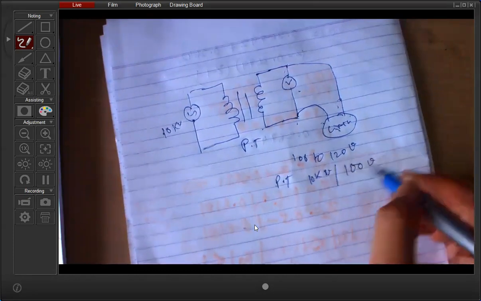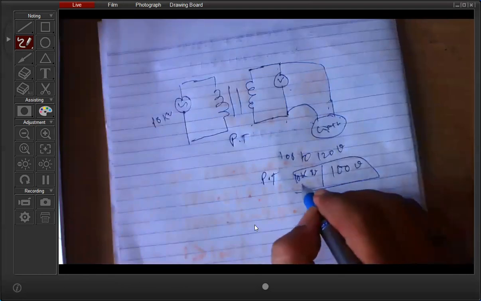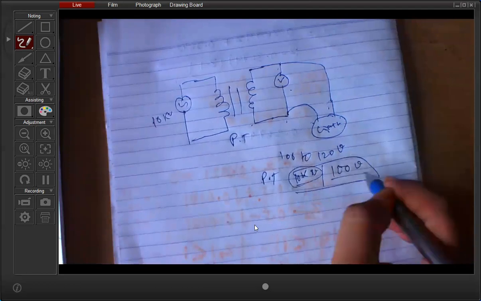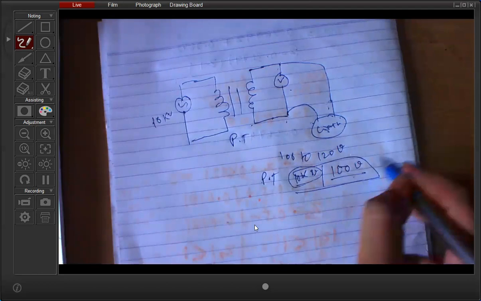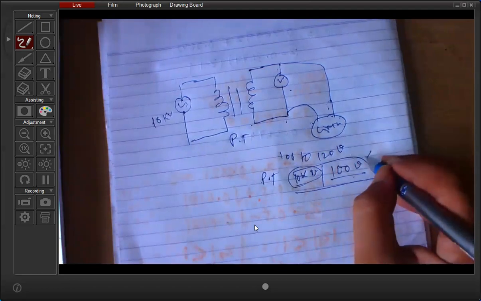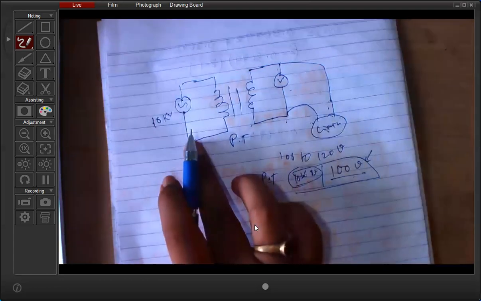Then using this potential transformer, you can step down 10 kilovolt to 100 volt, and using a normal voltmeter you can measure the voltage across the secondary terminal, and if you multiply with the transformation ratio, then you will obtain the actual voltage that you want to measure.